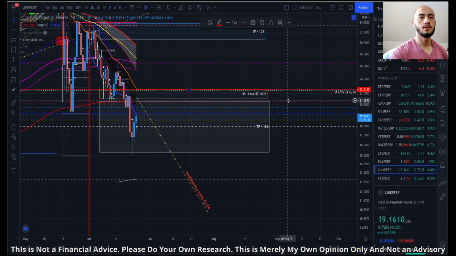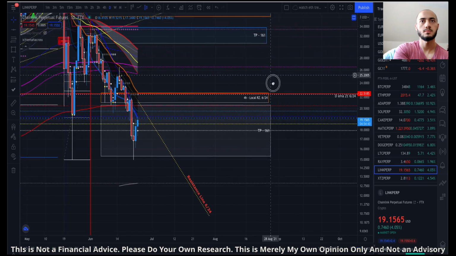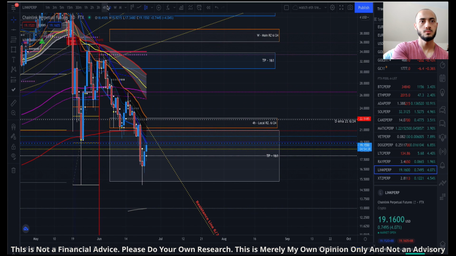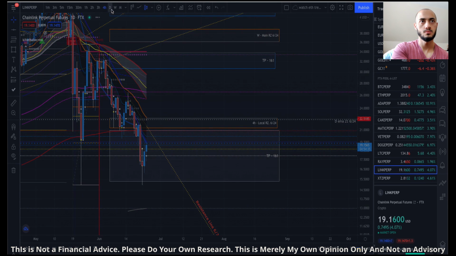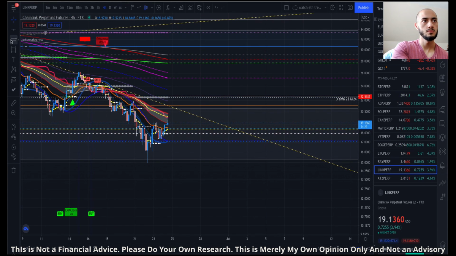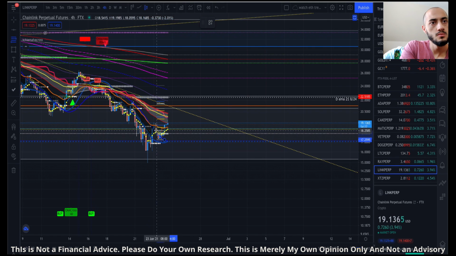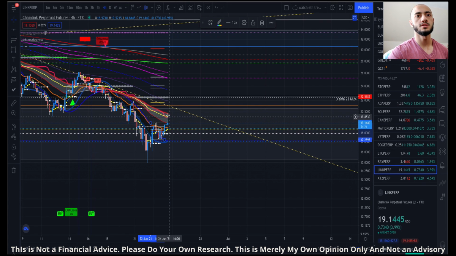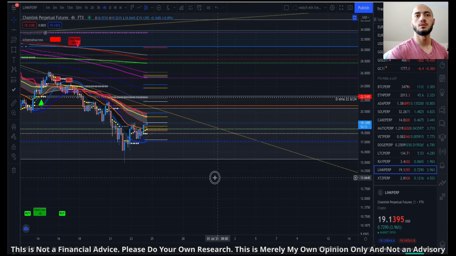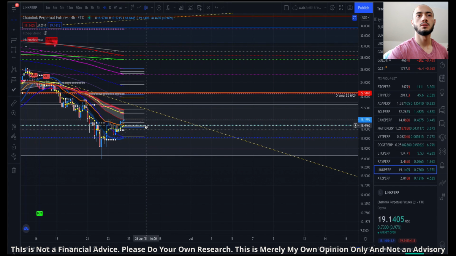That's my first resistance. EMA Fibonacci 161 right there. The yellow line is the 50 EMA. Go boom. 261.